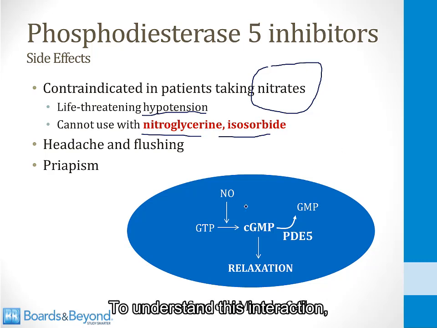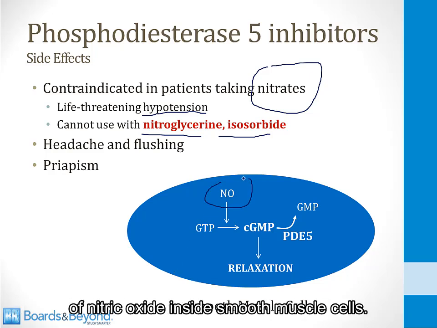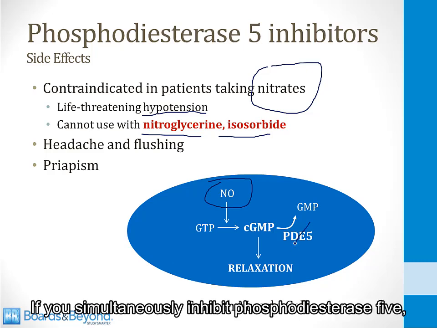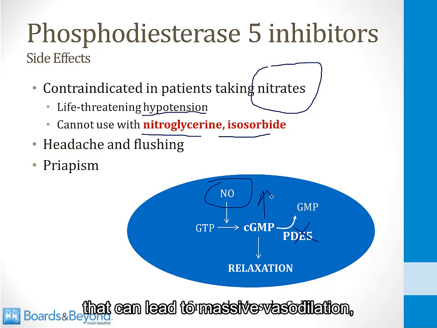To understand this interaction, let's look at my drawing at the bottom of the screen here. So nitrates work by raising the level of nitric oxide inside smooth muscle cells. If you simultaneously inhibit phosphodiesterase 5, that can lead to dangerously high levels of cyclic GMP. That can lead to massive vasodilation and life-threatening hypotension.